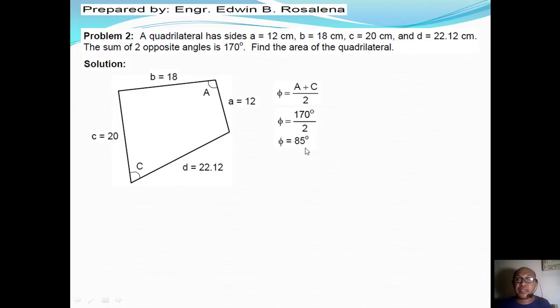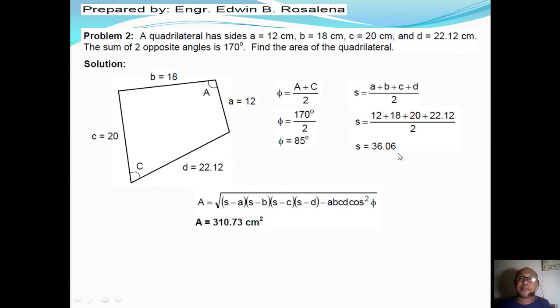So, phi is equal to 85. Then I will just use the formula. So, solve for the semi-perimeter, then apply the formula for the area. So, kindly substitute now. I have computed S, then A, B, C, and D are already given. Angle phi is given. Then press calculator, that is 310.73.